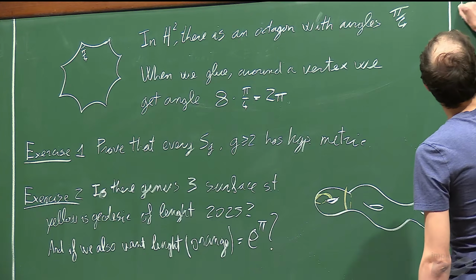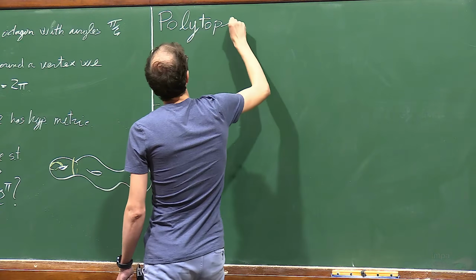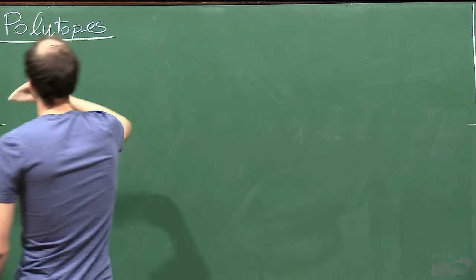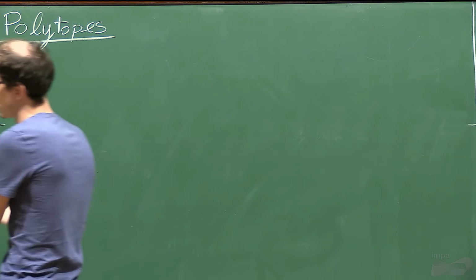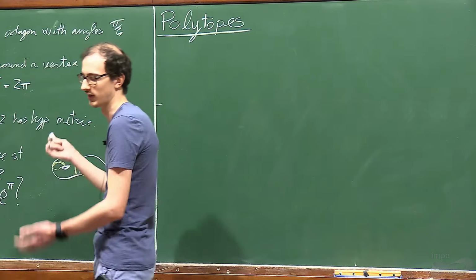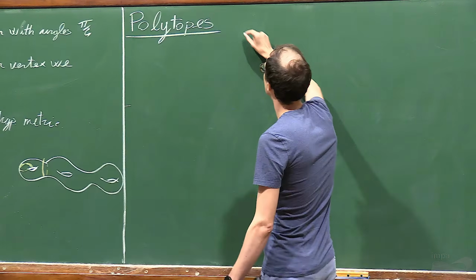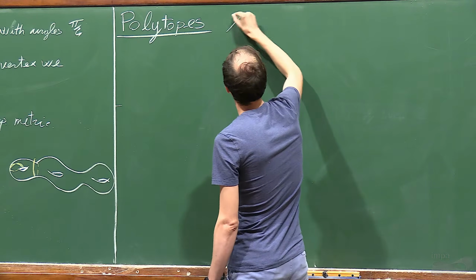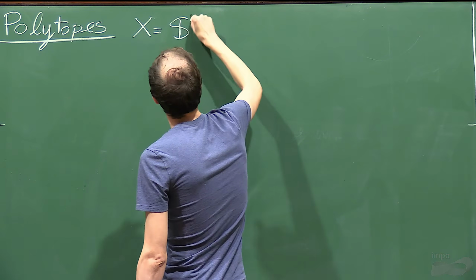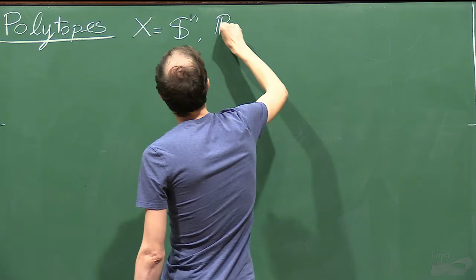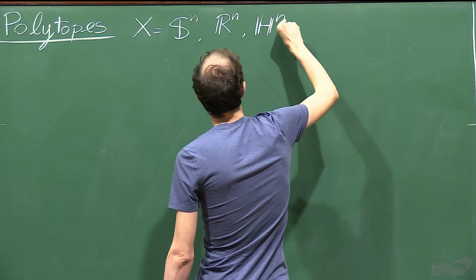So polytopes, what are they? Polytopes are just the generalization of polygons and polyhedra in dimension n. So we fix a space, let's say X. X could be S^n, R^n, or H^n, the hyperbolic space.